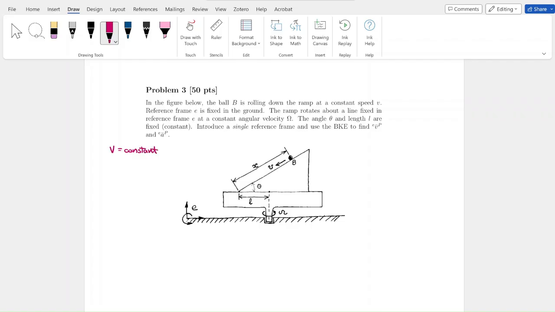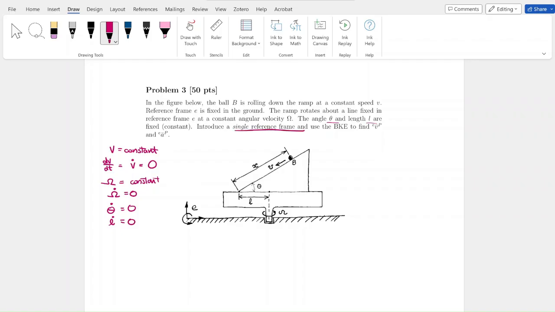That means dv/dt, which I will write in short as v dot, is equal to 0. The other thing we know is that the angular velocity is constant, so theta dot equals 0. We also know the angle theta and length L are fixed, so theta dot equals 0 and L dot equals 0.